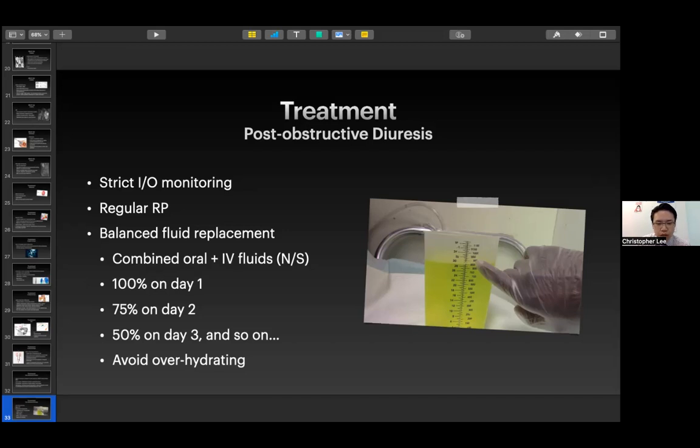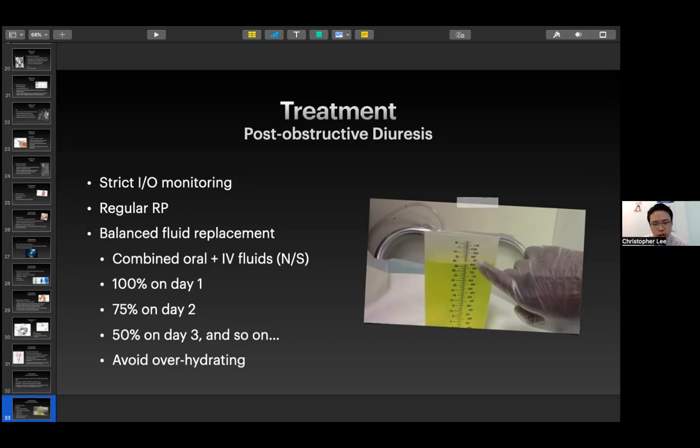The replacement is not one-to-one. It's one-to-one on the first day. Usually, you can give 100% replacement, which means if the patient produces 2 liters of urine per shift, then you replace with 2 liters of normal saline in the following shift.